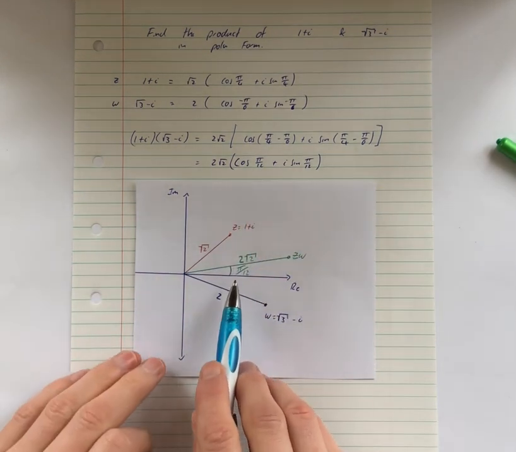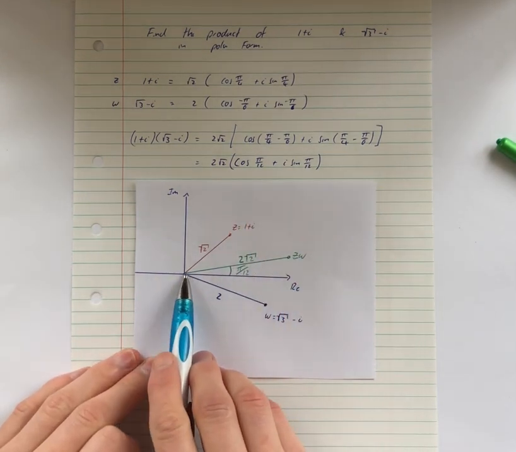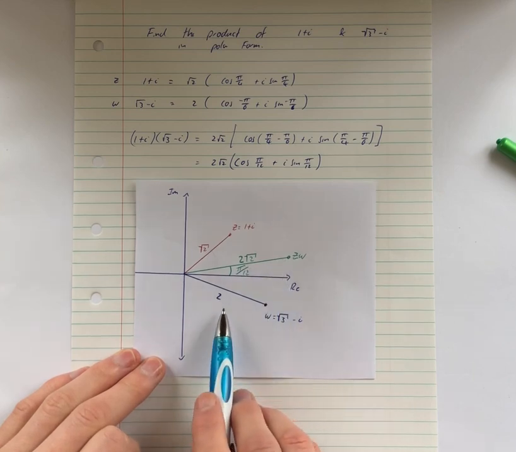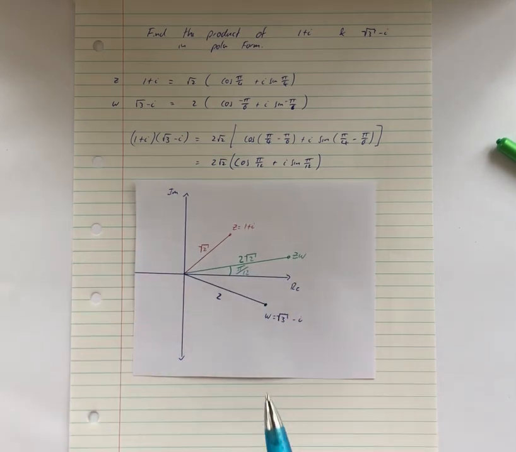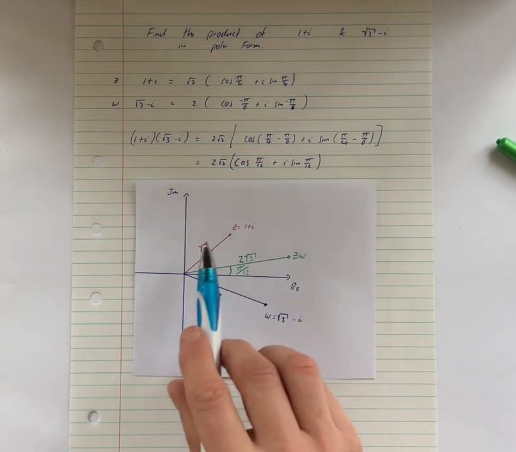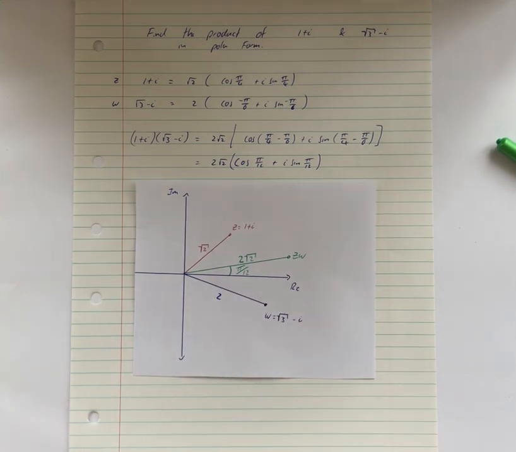And so we've got an argument of pi on 12, and our modulus is increased because we've got 2 times root 2, so it's slightly longer. So that's the geometric understanding of how that multiplication has worked. Hopefully that's made sense.